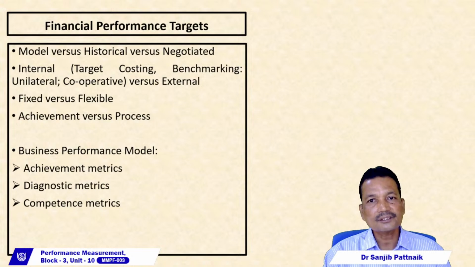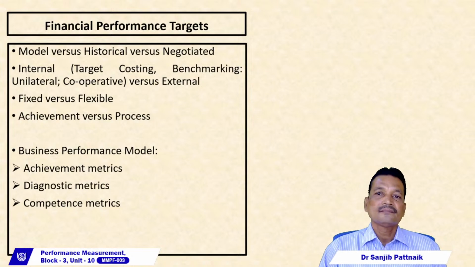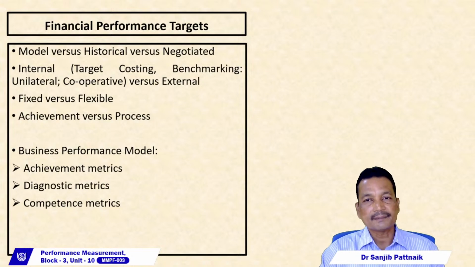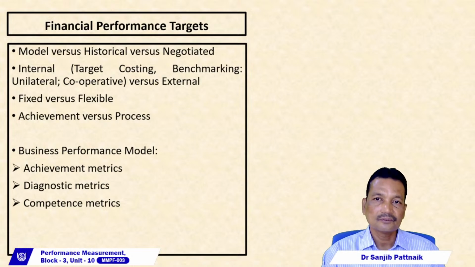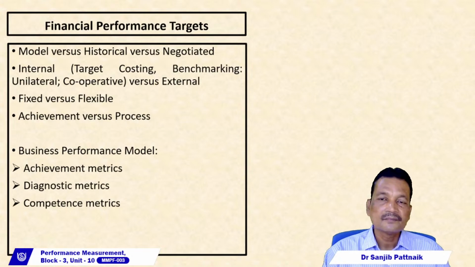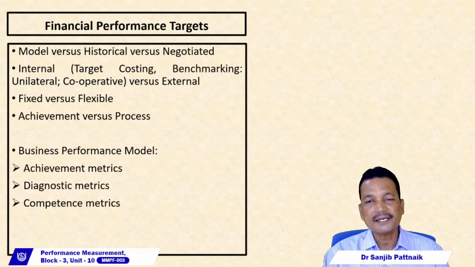Now, what is target costing? Let us take an example. We have come up with a product. Maybe it is a new product that has come into the market. Looking at the purchasing power and behavior of the customer, we want to set the price of the item at 100 rupees.